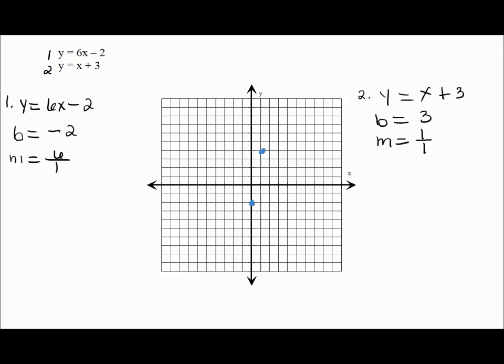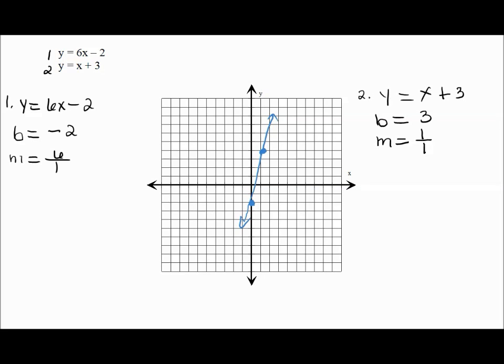And I'll put another point. Okay? Now I'll try to be real careful and draw my line through these 2 points. Try to get it as straight as possible. I think I can do a little bit better than that. I'll draw my line through, trying to be real careful.